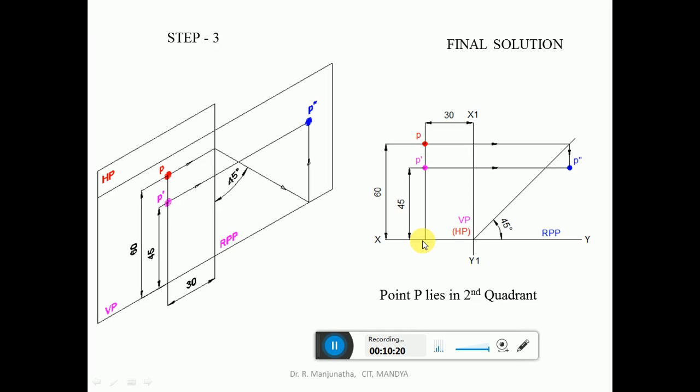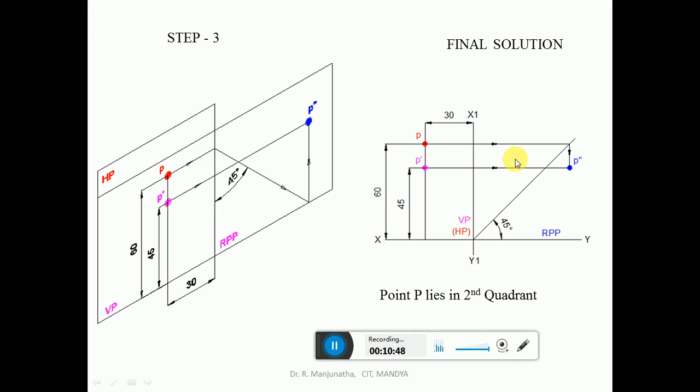Then the distance above HP is seen in the vertical plane. Since the vertical plane is above the XY line, from this point you measure 45 mm using a scale and mark this point, which will be P dash. The distance behind VP is seen in HP. HP is also above the XY line. From this point you measure 60 mm and mark this point, which is small p.